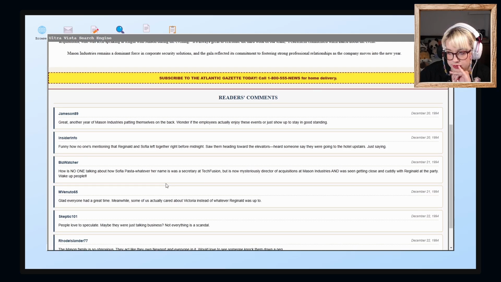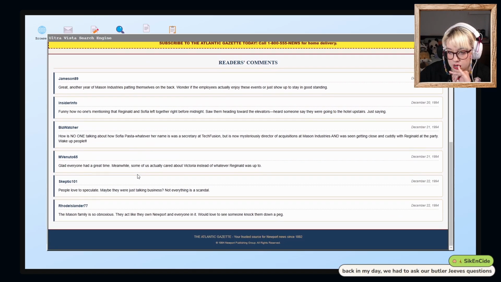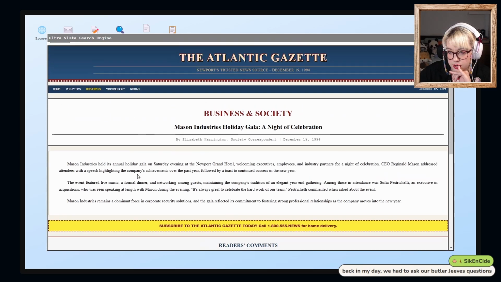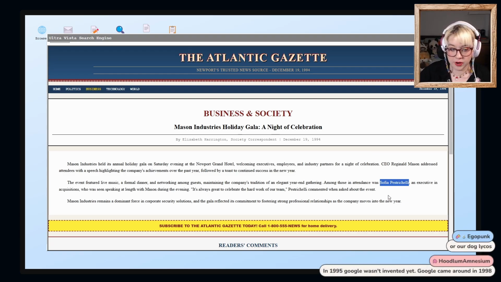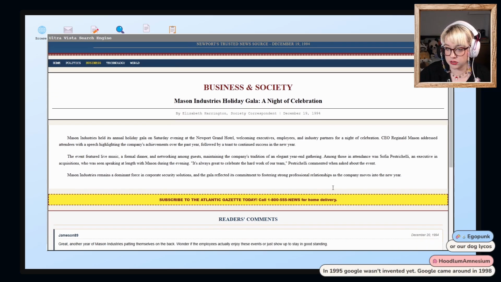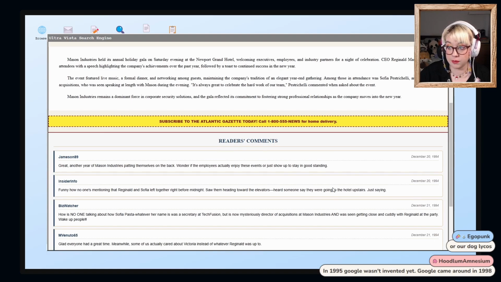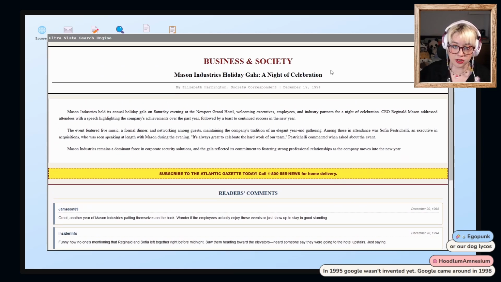In class cuddling with Reginald at the party. Sophia Pasta, whatever. Okay. Whoever Sophia Pestra is, this person went away with Reginald Mason during the party, and they went up to the hotel, potentially. That's what someone heard.